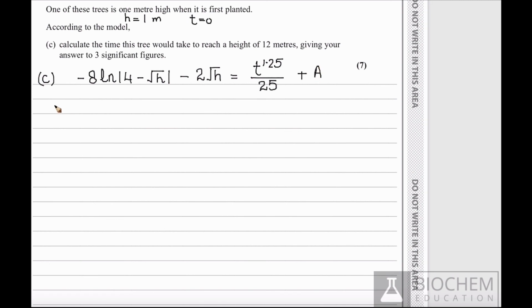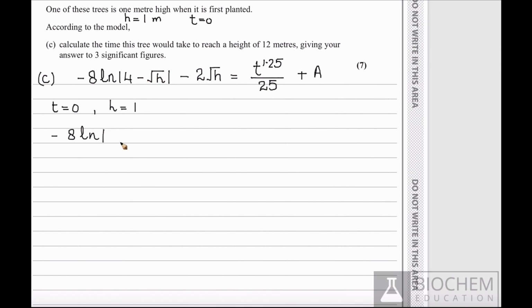So therefore, when t is equal to 0, h is equal to 1. Substituting these values into this equation, negative 8 ln, now 4 minus square root h, as h is equal to 1, square root 1 is 1.